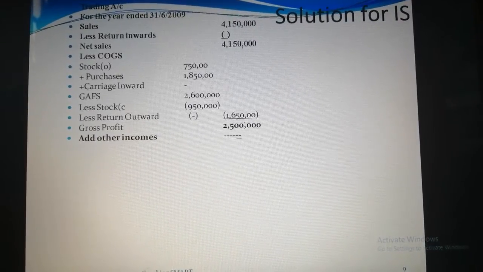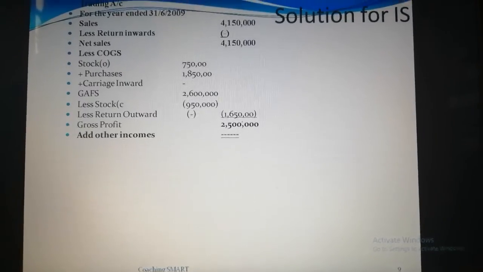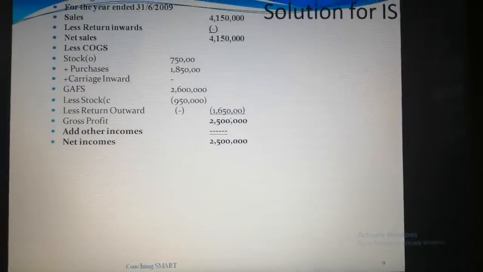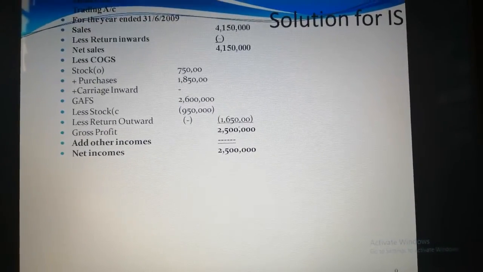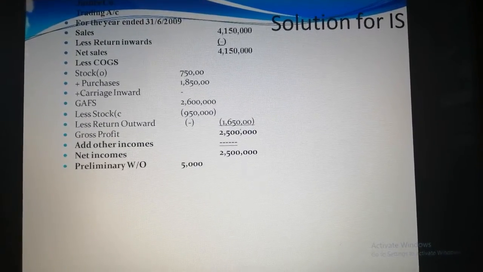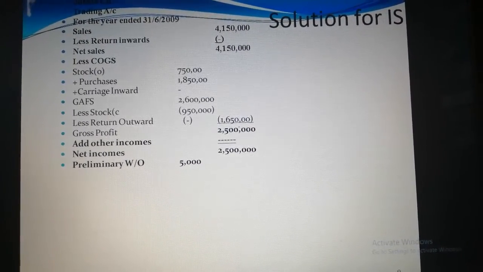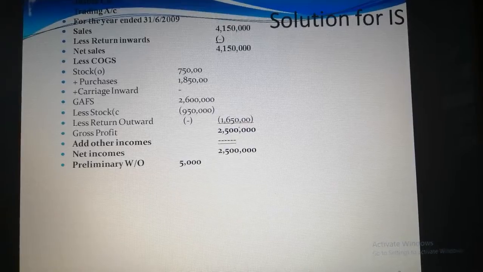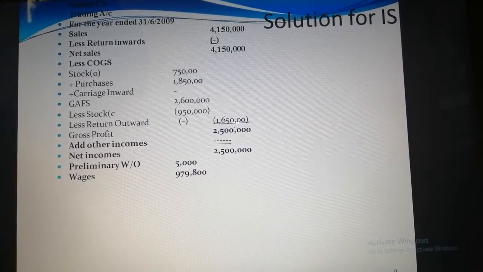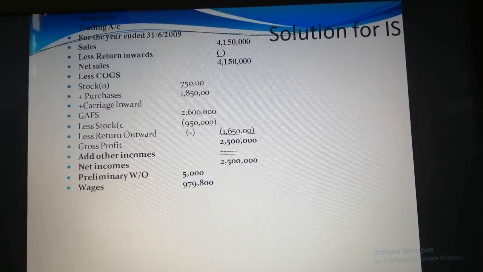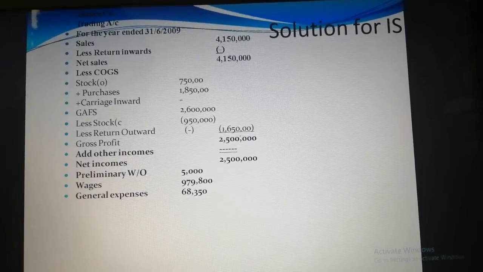Add any other income. As far as our question is concerned, there is no other income. So you get net income, which is 2,500,000. Less expenses. Number one expense is preliminary expense written off, 5,000. Then wages 979,800. Add general expenses 68,350.